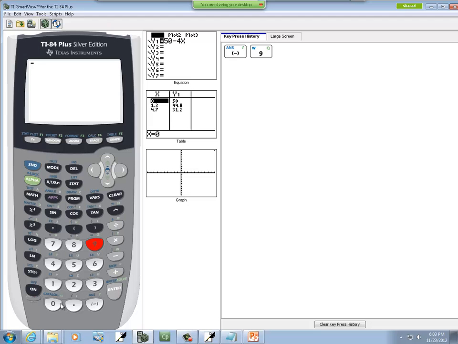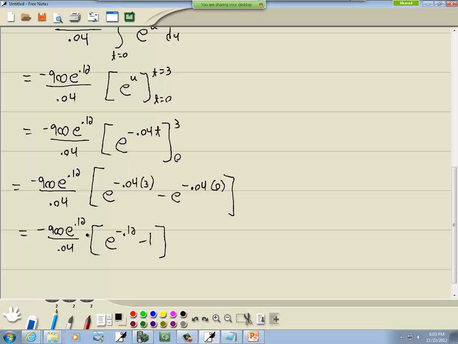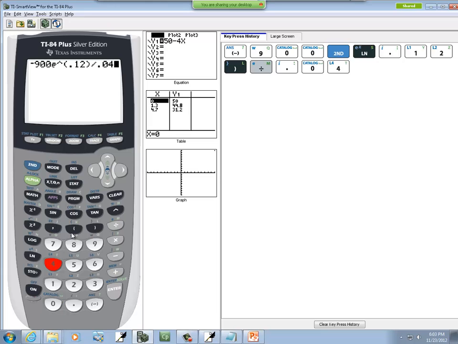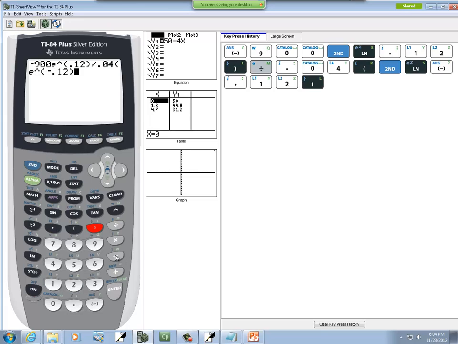Negative 900, and then e, so second ln, 0.12, close parentheses, divided by 0.04, beginning parentheses, e, second ln, to the negative 0.12, close parentheses, minus 1, close parentheses, enter.